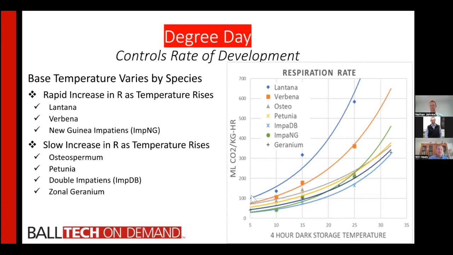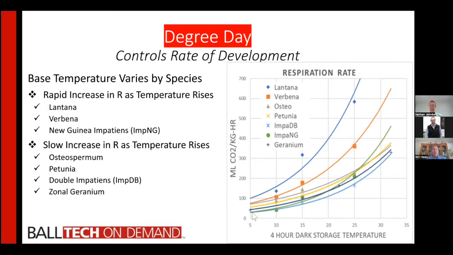What we see is, if you look at the blue line, which I mentioned is lantana, that even at 5 degrees, at 40 degrees Fahrenheit, it still is respiring. One of the cuttings that we have trouble with in early morning harvesting is, of course, lantana, just like the buddleia that Nathan had mentioned.